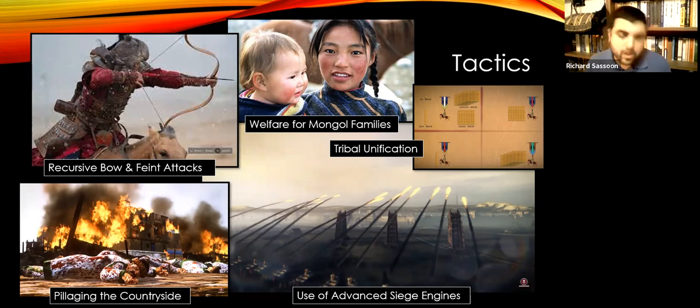So a lot of the siege engines and siege works that were used against the cities of the Middle East were ones that had been invented by either the Jin or Song empires in China. You had Chinese mangonels, siege towers, and they brought the artisans with them to build these things when they came to the Middle East.